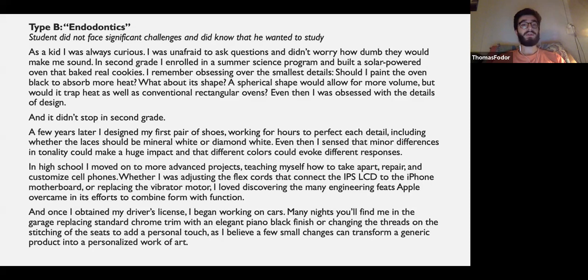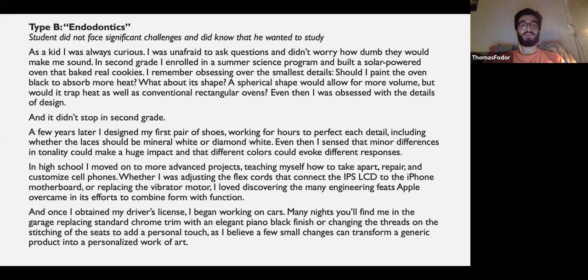And it didn't stop in second grade. A few years later, I designed my first pair of shoes, working for hours to perfect each detail, including whether the laces would be mineral white or diamond white. Even then, I sensed that minor differences in tonality could make a huge impact, and that different colors could evoke different responses. In high school, I moved on to more advanced projects, teaching myself how to take apart, repair, and customize cell phones, whether I was adjusting the flex cords that connect the IPS LCD to the iPhone motherboard or replacing the vibrator motor.